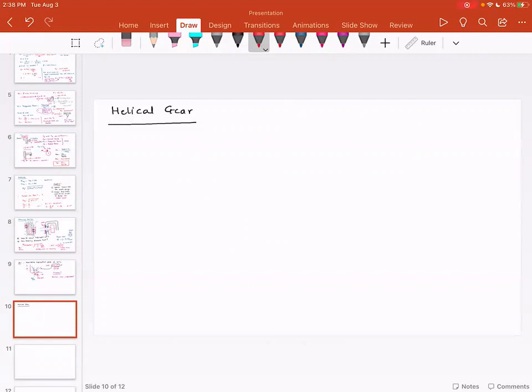The idea is, this is the spur gear, and I'm going to show you the helical gear on the side. This is the helical gear. So this is spur, this is helical.